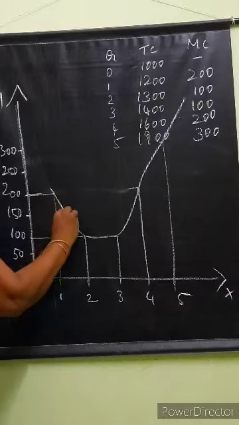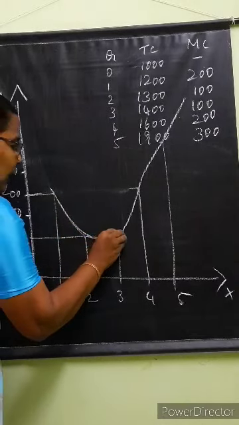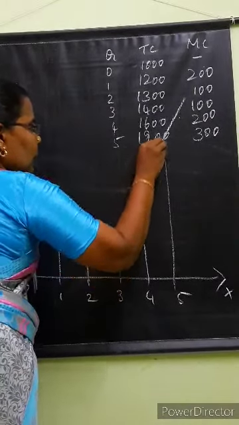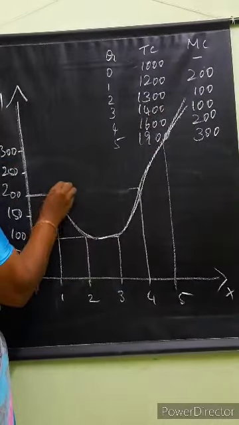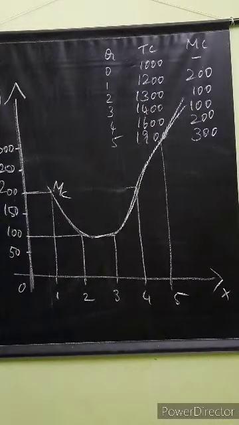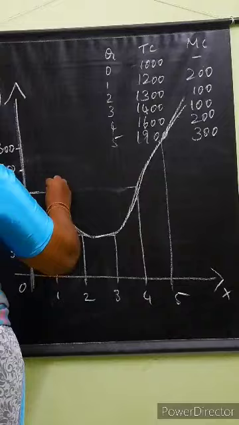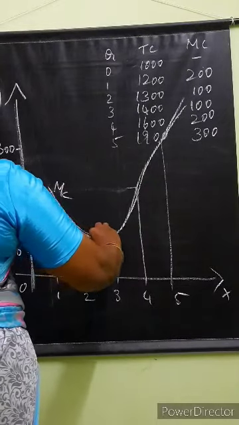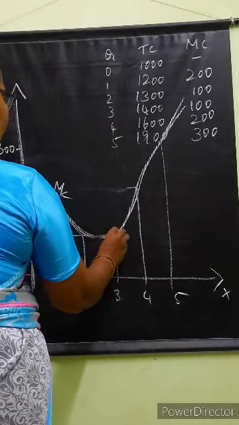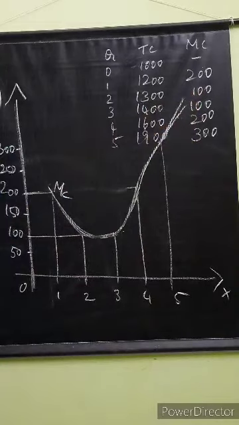So, the MC curve always first declines, then it increases. This is the MC curve, the marginal curve. See, the marginal curve first declines, then it is at the minimum point, then it is increasing.